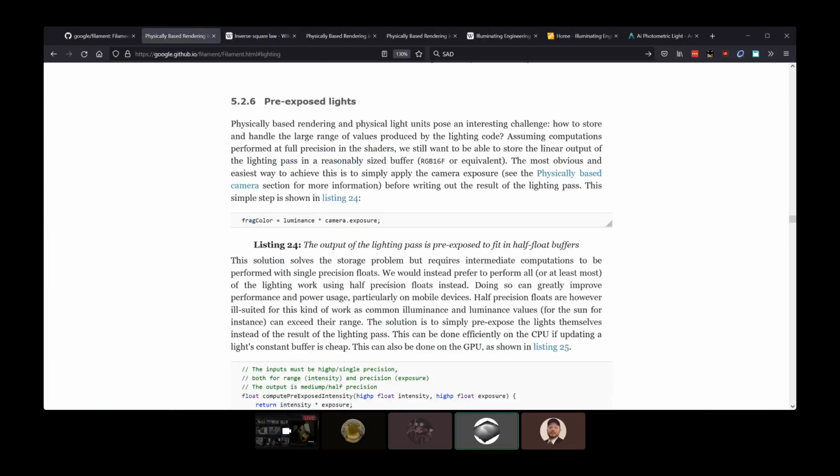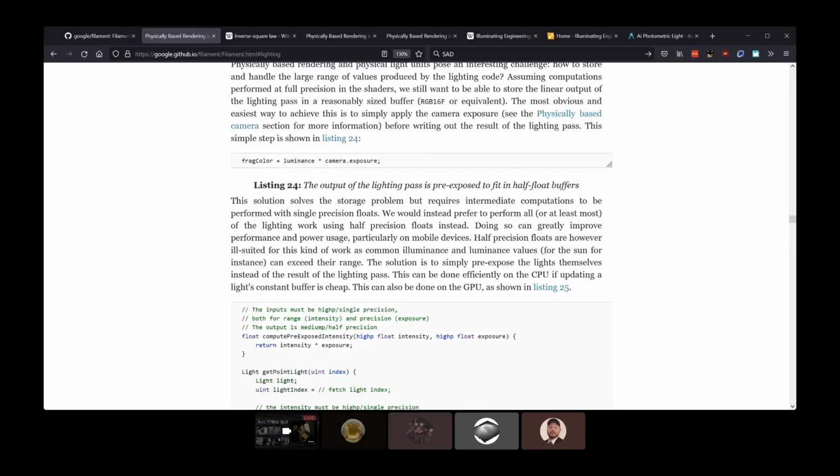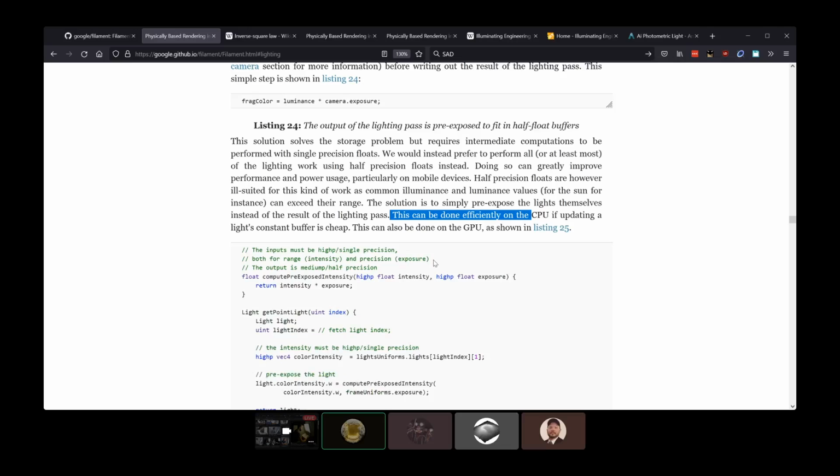They pre-expose it. Camera exposure before writing. Okay, so I think the exposure things are going to have some sort of brightness scaling to have things in reasonable ranges.